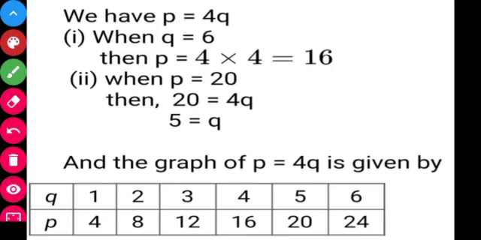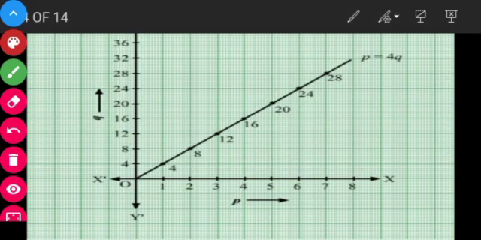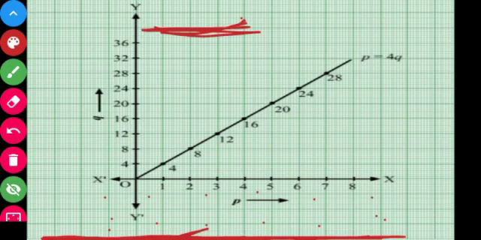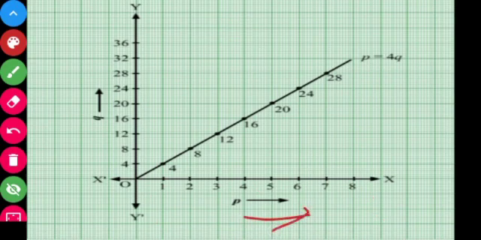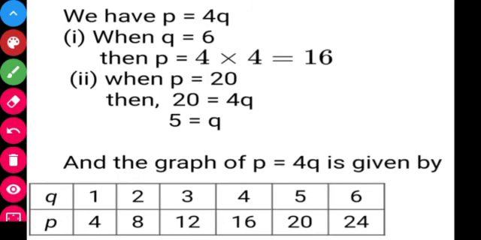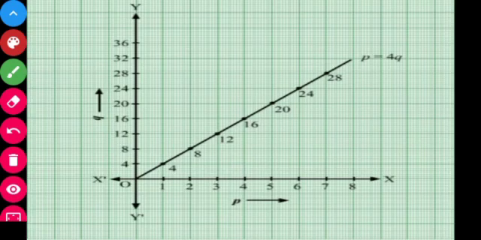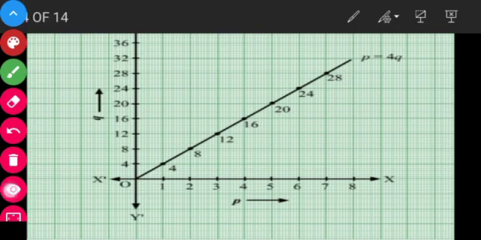Take p on the x-axis and q on the y-axis. So 1, 2, 3, 4, 5 on the x-axis, and on the y-axis the values of q are 4, 8, 12 like that. So take 1 unit on the y-axis equal to 4. When p is 1 then q is 4, mark this point.